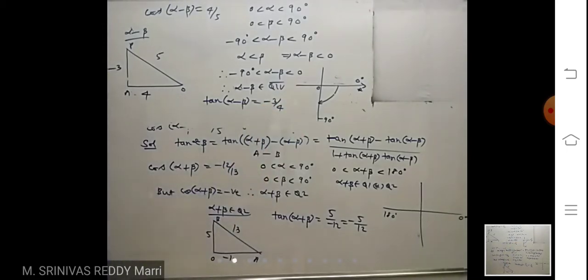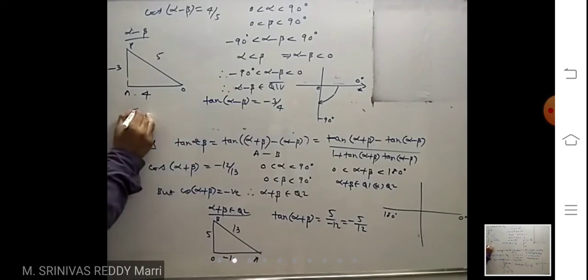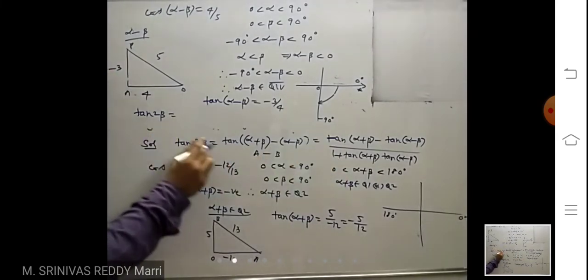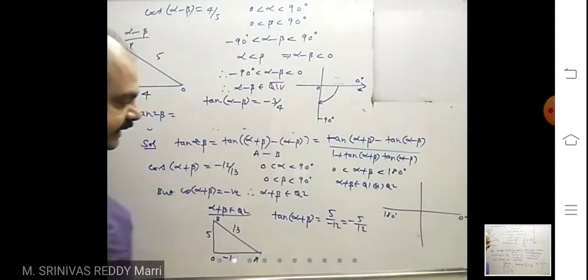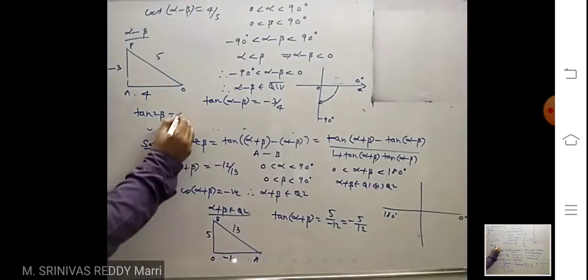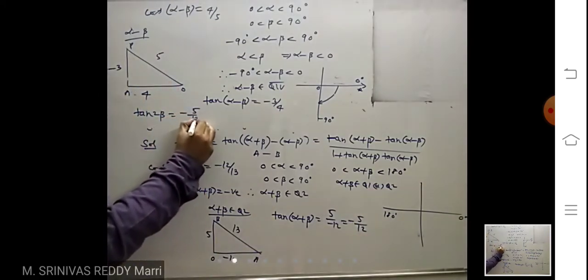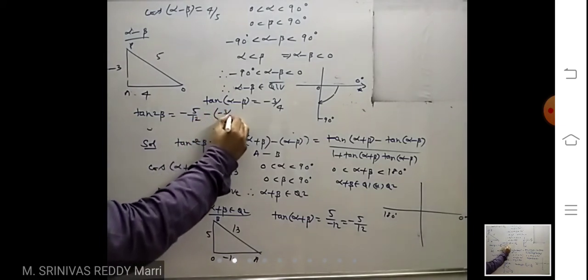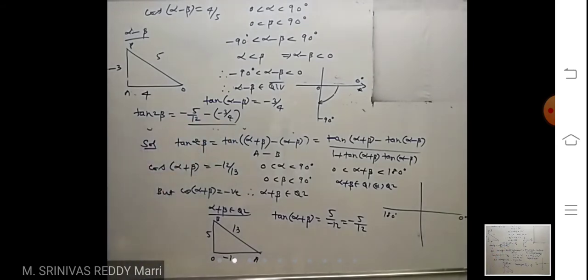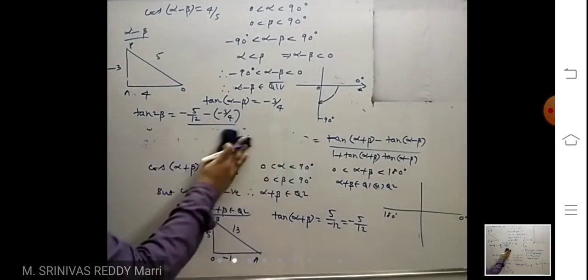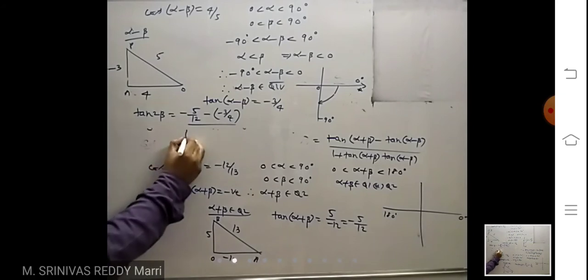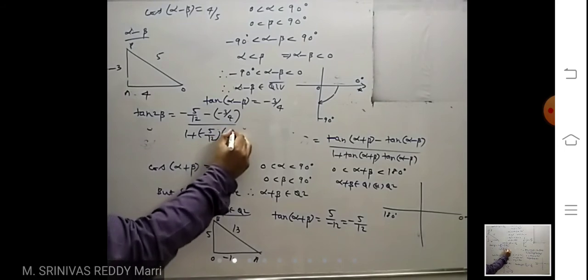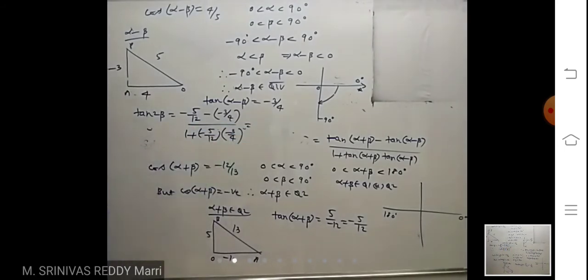Now you calculate tan 2 beta. Therefore, tan 2 beta, from here, you substitute tan of alpha plus beta. What is tan of alpha plus beta? Minus 5 by 12. Minus 5 by 12 minus of minus 3 by 4, divided by 1 plus minus 5 by 12 into minus 3 by 4.